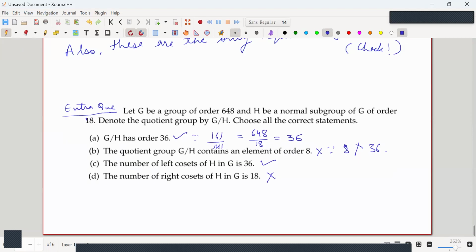All other problems seem to be of the same nature. Last year's assignment also, the problems are of the same nature. So maybe we can discuss one or two problems from the next assignment.